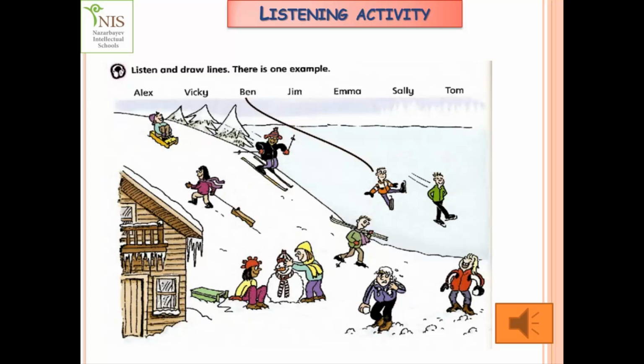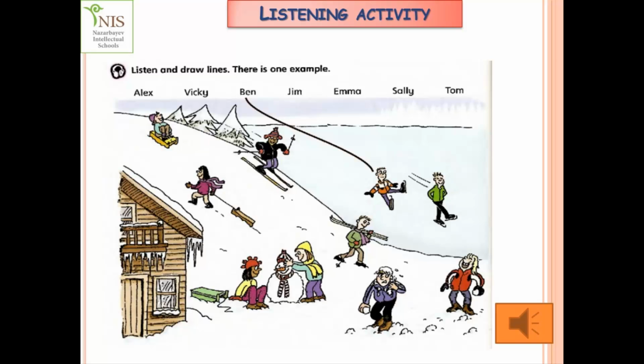Now you listen and draw lines. Who's that girl? The one who's pulling her sledge up the hill. That's Vicky. She's a very good student. Well, she's working hard here too. I like her purple scarf. Yes, it's very nice. Look at those two. They're throwing snowballs. Oh dear, and one of them doesn't look very happy. What's that child's name?